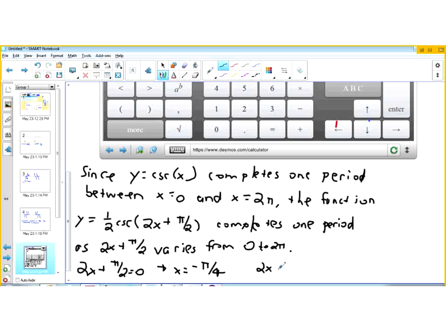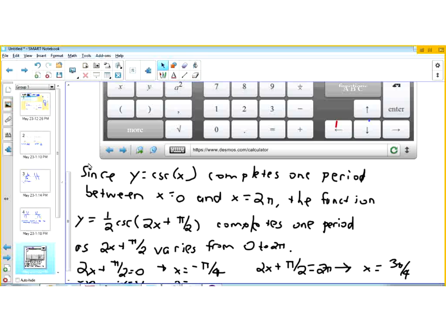And then the end of the period would be found by setting 2x plus pi halves equal to 2 pi and solving for x. And so the end of the period would be x equals 3 pi over 4. All right, so now let's go back and work on the graph over one period at least.